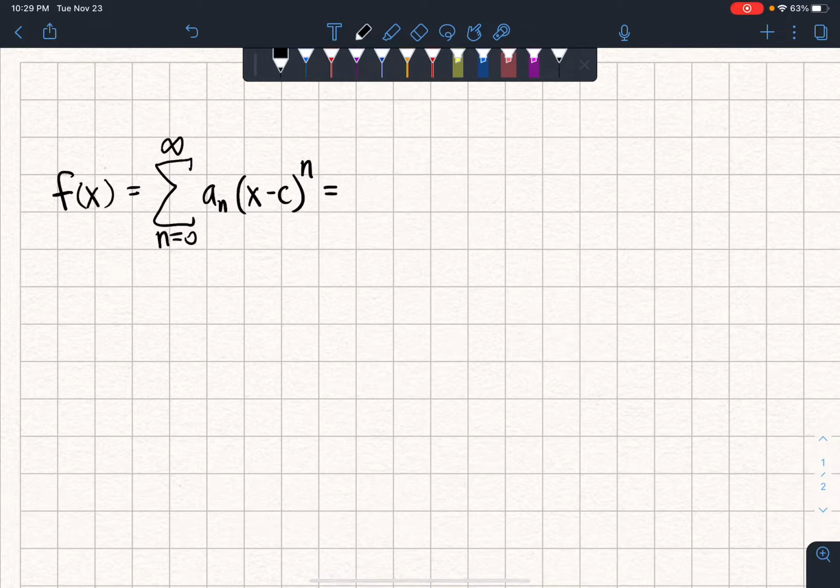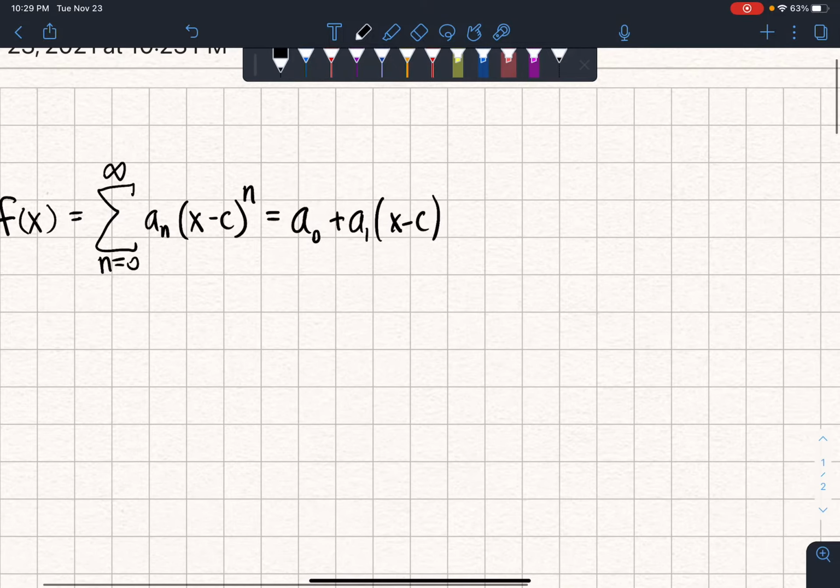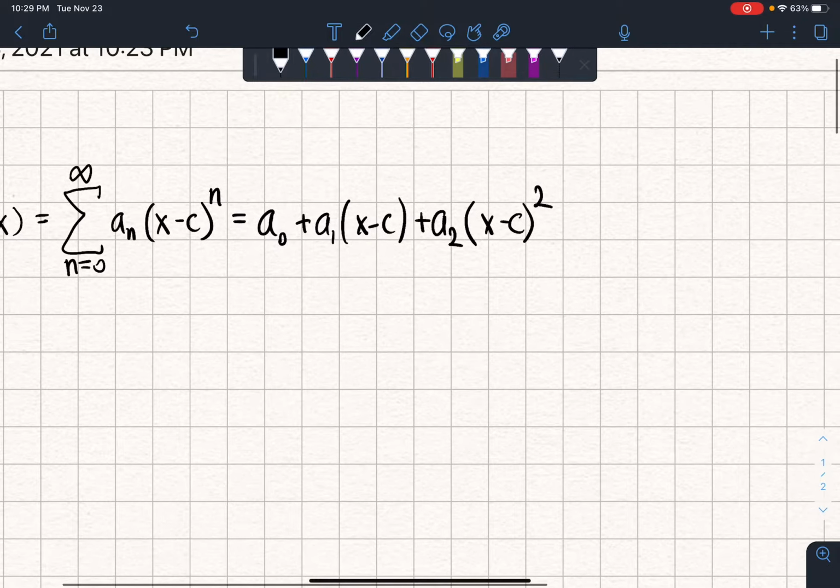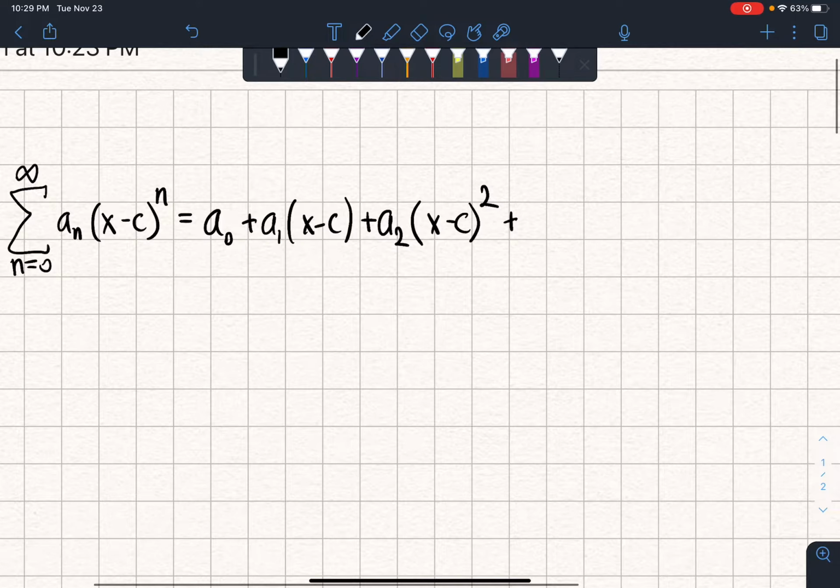So expanding this, we get a sub 0 by plugging in 0 for n, plus a sub 1 times (x minus c), plus a sub 2 times (x minus c) squared. I'm just going to do a couple more.